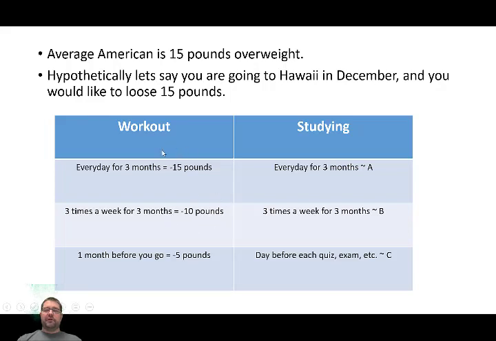Okay? Now maybe you're not going to reach that 15 pounds, but you're going to lose 10 pounds. You're still fairly happy with that because you've lost weight. 1 month before you go, maybe you're reaching that 5-pound mark. Okay? And it depends on how much you're doing that 1 month before you go.